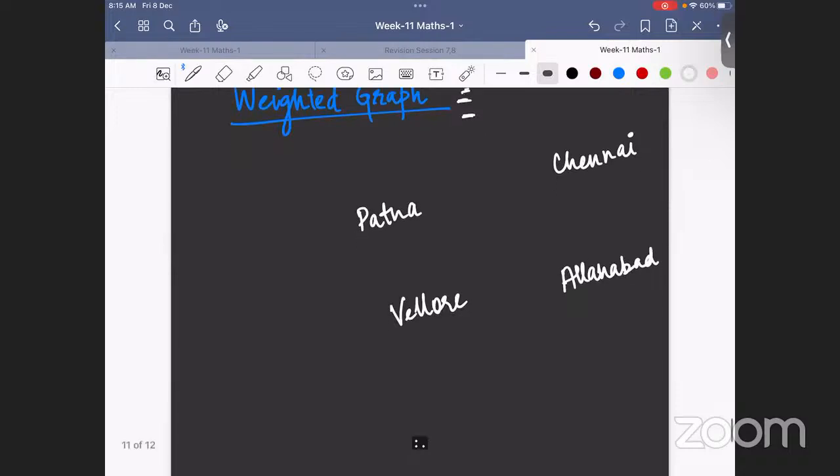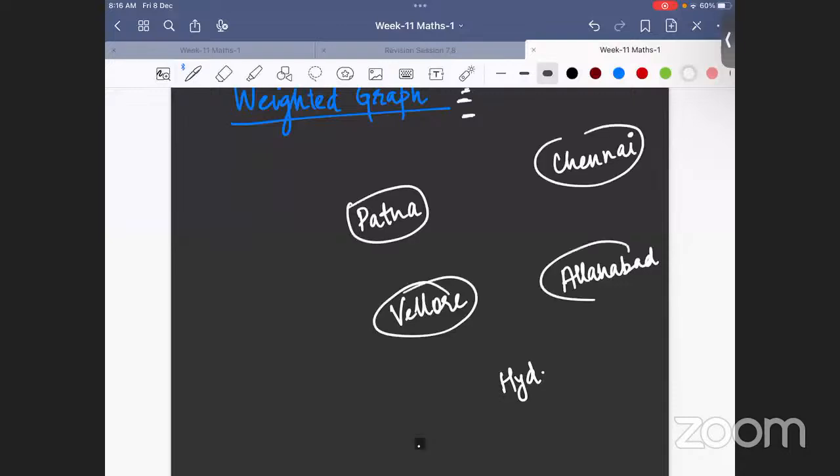These are some places. This is Hyderabad. So these can all be your vertices, and then there are some connections.